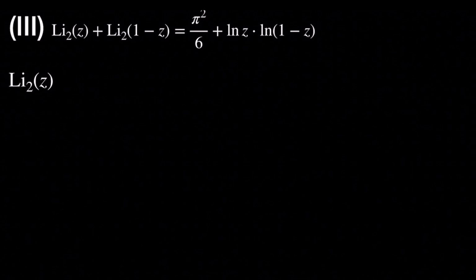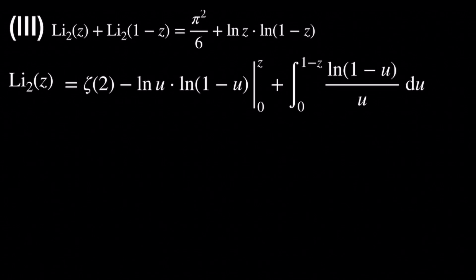As we integrate by parts, we get theta of 2 minus log of u times log of 1 minus u taken between 0 and z plus the integral from 0 to 1 minus z of log of 1 minus u over u du. Now that last integral is simply negative Li2 of 1 minus z.